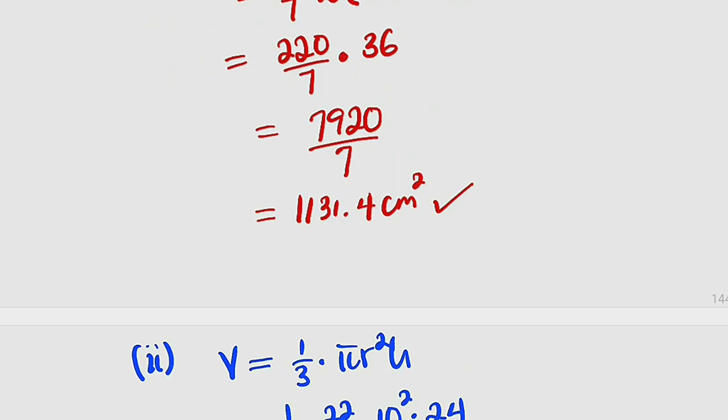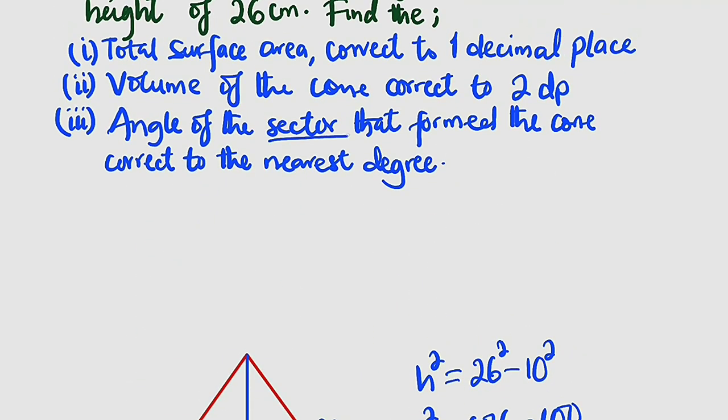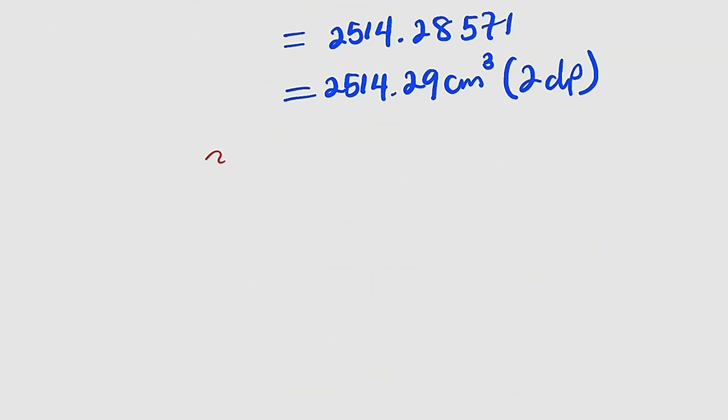All right, then the last question here stated that we should find the angle of the sector that forms the cone. Number 3, if you are given a cone and you are asked to find the angle of the sector that forms that cone, the angle theta is always equal to r, which is the radius of that cone, divided by the slant height, then multiplied by 360 degrees.